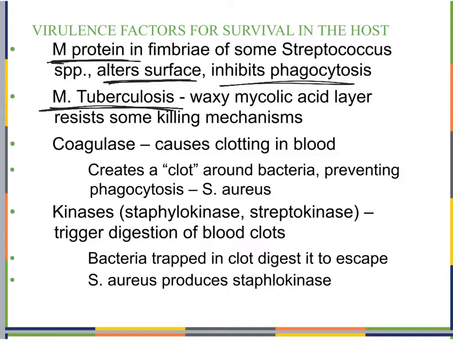Mycobacterium tuberculosis has a waxy mycolic acid layer that resists some killing mechanisms. So another one is that mycolic acid. Remember at the very beginning of the semester when we talked about gram-positive and gram-negative, and we also had those that had that mycolic acid layer on the outside, those mycobacteria. That waxy layer is just one of those ways that a bacterium can prevent itself from being attacked or being broken down more easily.